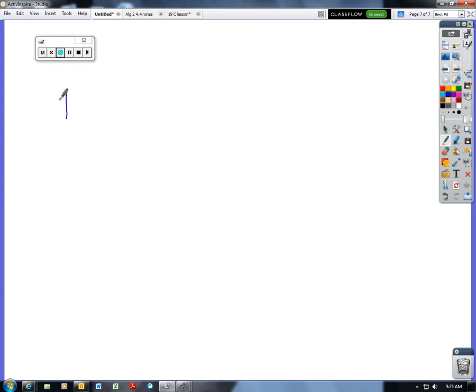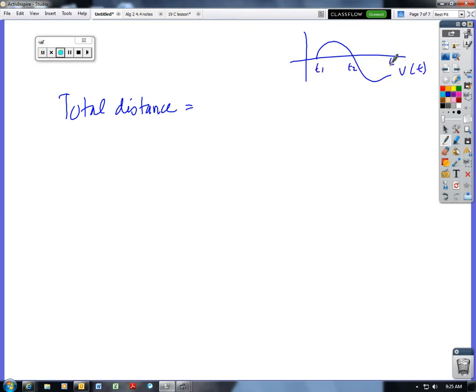So if you want to find total distance, there are a couple of ways to do it. One is what I said in C2. If you have this as your velocity, T1, T2, T3, you would need to set up the integral from T1 to T2 of V, and then subtract the integral from T2 to T3 of V. That's if you want to get total distance.